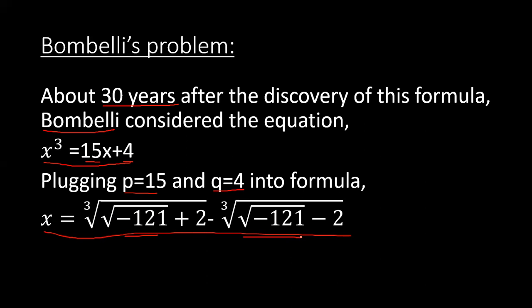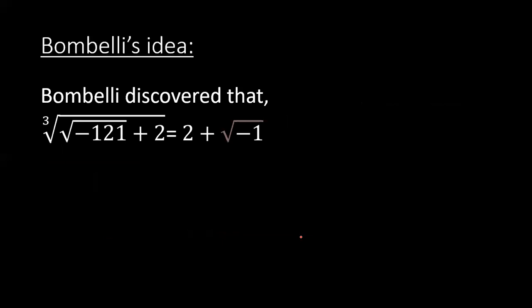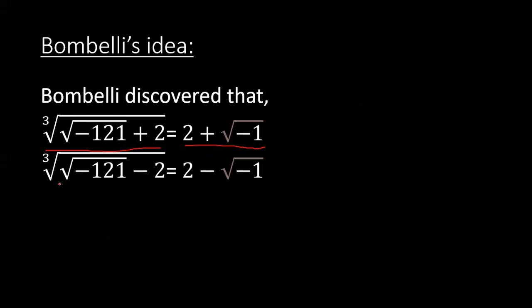But Bombelli found his own idea to overcome this problem, and that idea is called Bombelli's idea. His idea was that he discovered that this thing is equal to 2 plus the square root of minus 1, and the other part of that solution was equal to 2 minus the square root of minus 1.